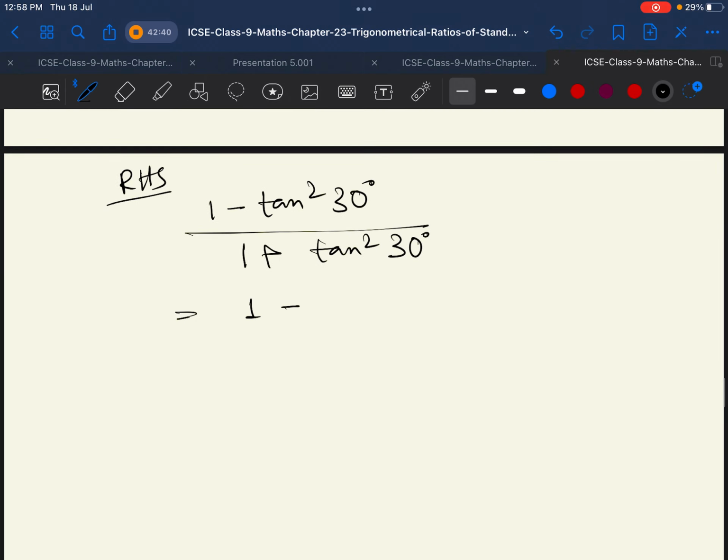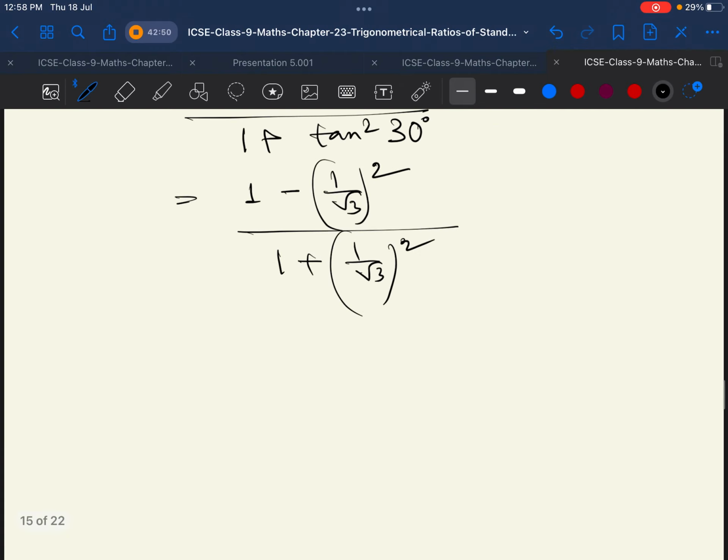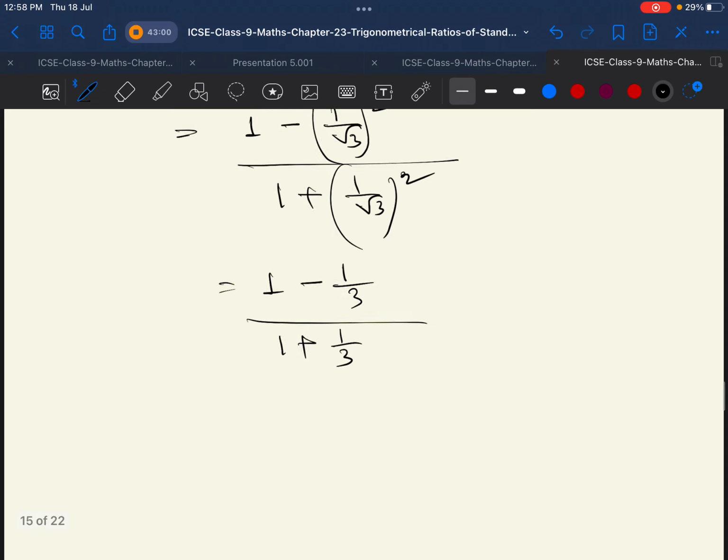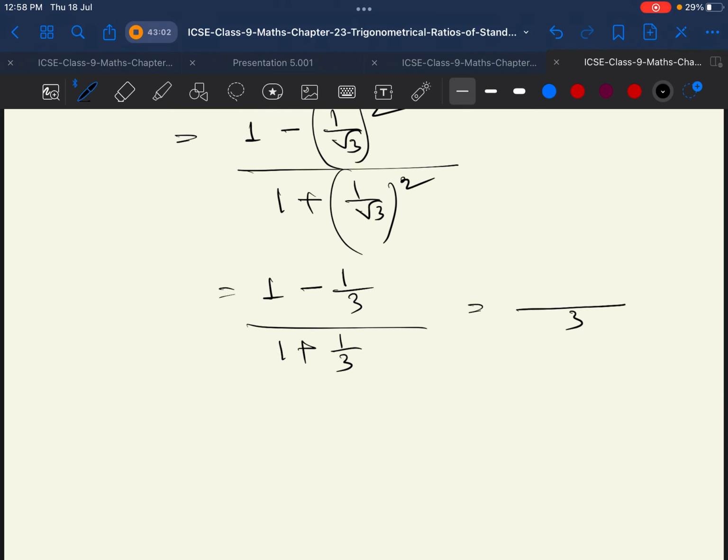Okay, so 1 minus tan 30, we know 1 by root 3 whole square, by 1 plus 1 by root 3 whole square. So we can write 1 minus 1 by 3, 1 plus 1 by 3.